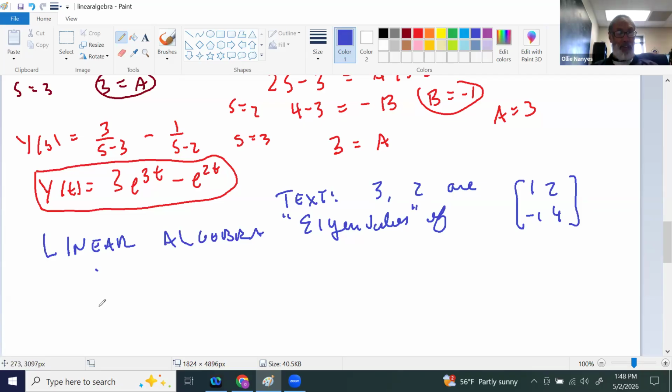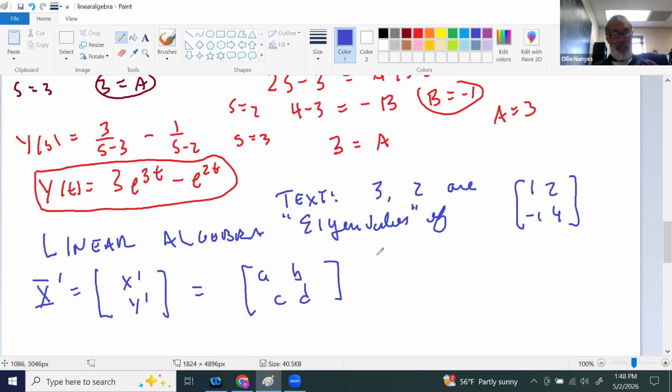You start with this vector x of t, the derivative of which I'll write like this. And that's going to be equal to this matrix A, B, C, D, times functions x of t and y of t.